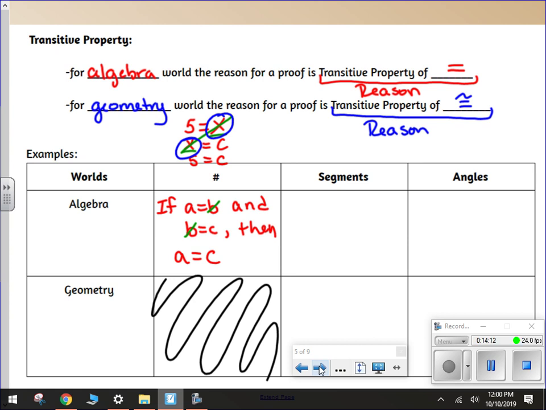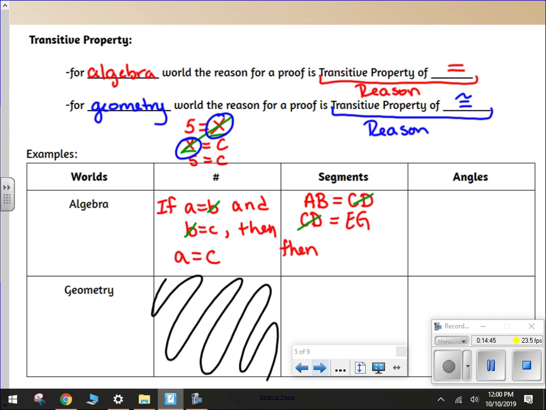If I have segment AB is equal to segment CD, and I also know that segment CD is equal to segment EG, then I can conclude, since this is the link, if AB is equal to CD, so they're the same, and CD is equal to EG, they're the same. Well, if CD has to be the same as AB, then that forces AB to also be the same as EG, since CD and EG are the same.